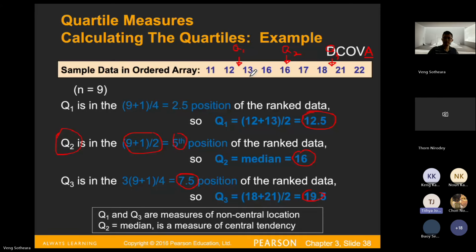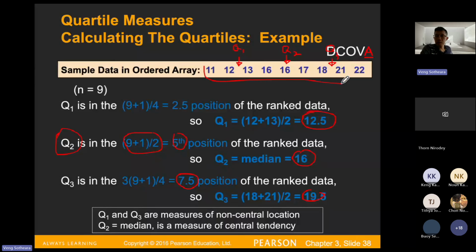Teacher, quick question. Is it like we just divide the data into quarters? Yes, but can you say in this context, our Q1 is 12.5, and this data set are ages of 9 people.